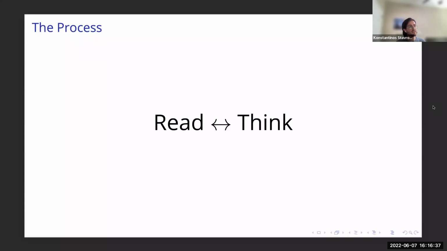You always have to bear in mind what your own goals are. So I want to get this out of the paper. I want to, as we said, learn what these new results are. I want to learn what this area, for example, is about.